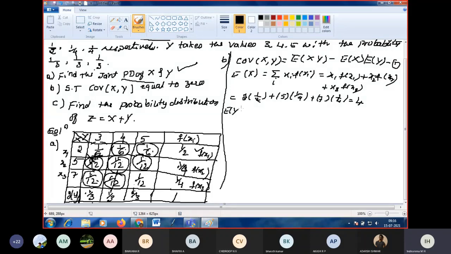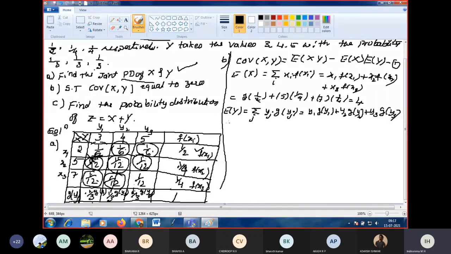Next, find expectation of y. Expectation of y will be summation over j, yj into g of yj. That will be equal to, here we have y1, y2, y3, and this is g of y1, this is g of y2, and this is g of y3. Therefore we obtain y1 into g of y1 plus y2 g of y2 plus y3 into g of y3.